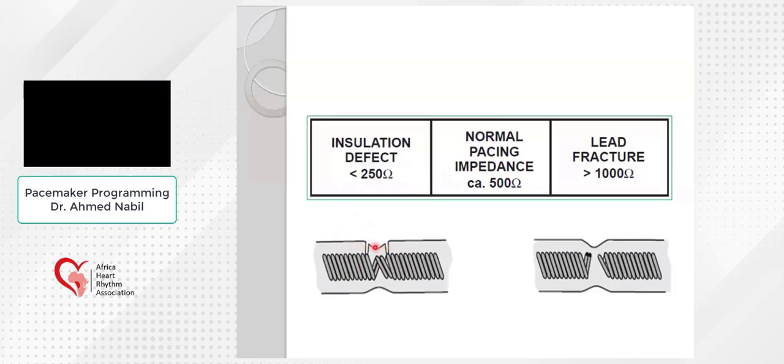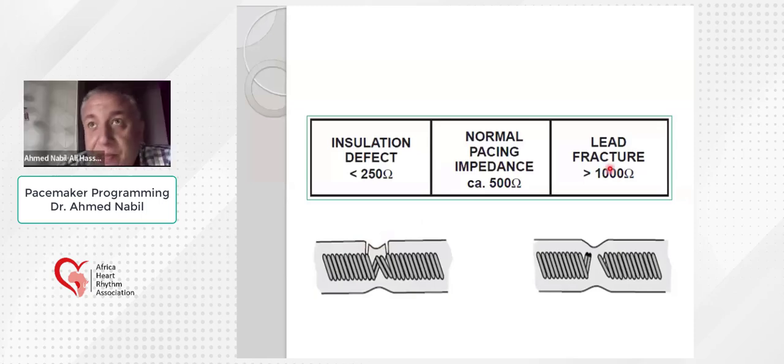On the other hand, if I find the lead impedance very high, more than 1000 ohms, sometimes more than 2000 or 3000 ohms, this can mean that I have a lead fracture. By lead fracture, we mean that there is discontinuity of the coils within the lead, without breaking the insulation layer.